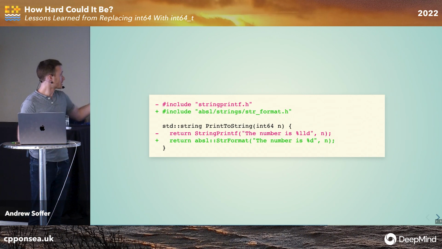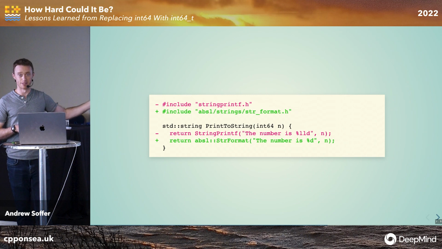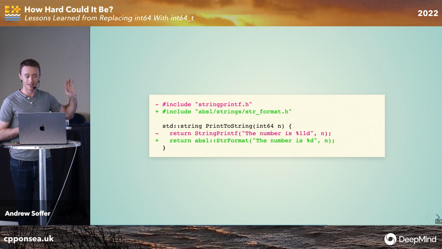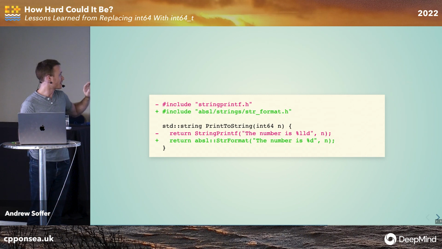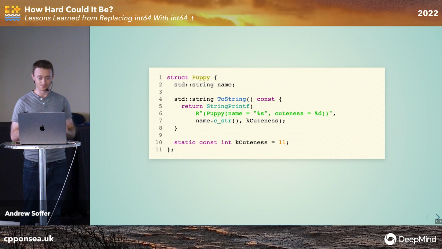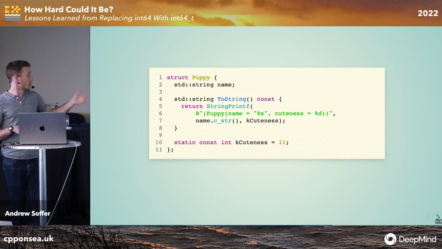So this is actually really wonderful. StrFormat is an amazing thing, but it's amazing for reasons that don't even have to do with the integers here. For example, with StringPrintf or any printf-like function, you can't pass in a std::string directly. You need to call .c_str() if that's what you want to do.